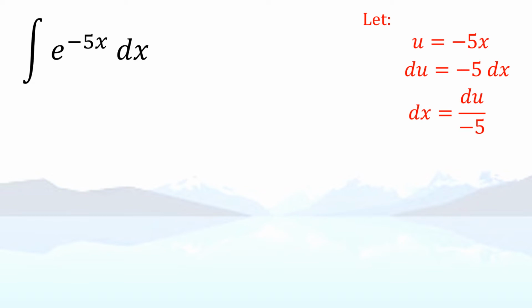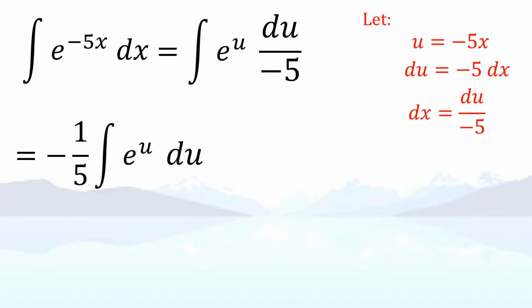Then we are going to substitute all the values. So we will be getting the integral of e to the u du over negative 5. And then 1 over negative 5 equals negative 1/5. So we will be getting negative 1/5 times the integral of e to the u du.